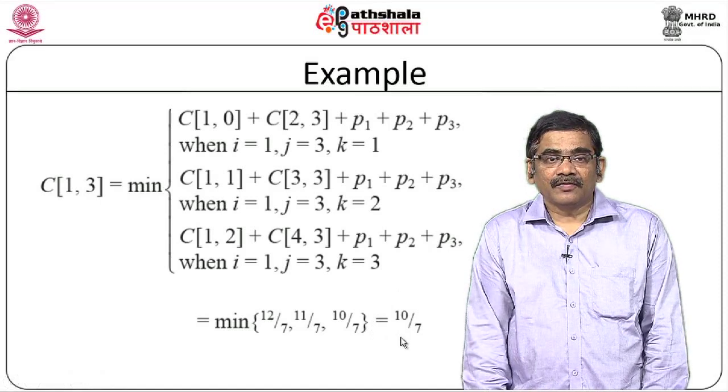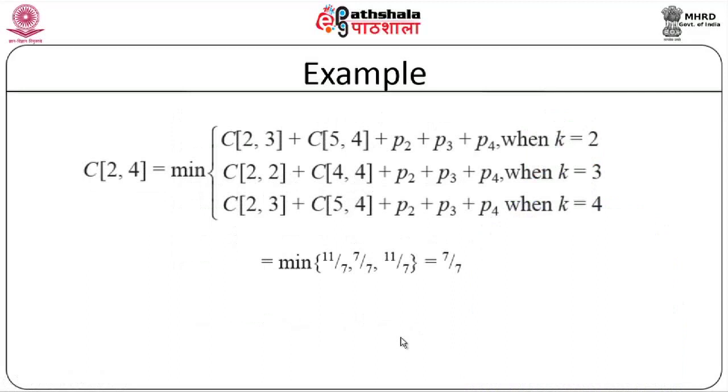Similarly, we can find C of 2 comma 4, that means the problem of finding the BST with elements 2, 3 as well as 4. These are the various possibilities and you can see that it is coming as 7 by 7. So, this is what it is.